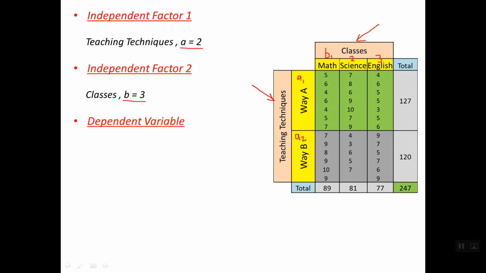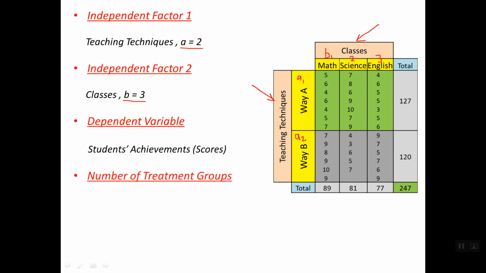Regarding the dependent variable, we have here the scores of the students after conducting the treatments. So the dependent variable is only one dependent variable. It is the student's achievement, which is simply the scores of the students.